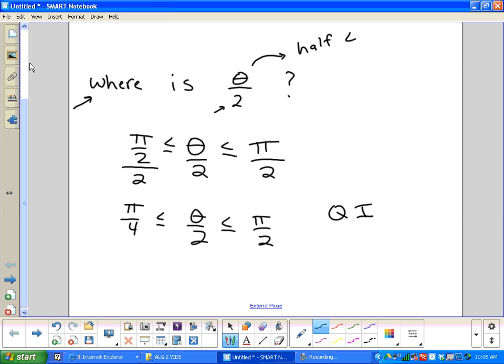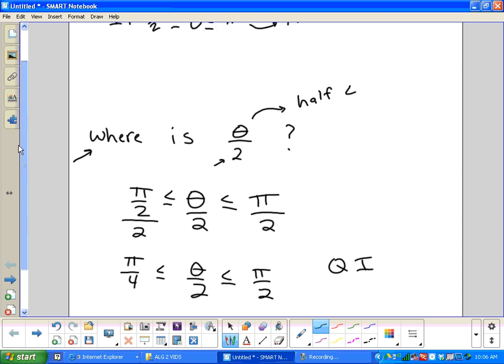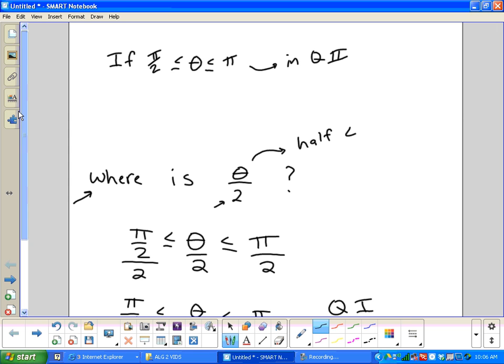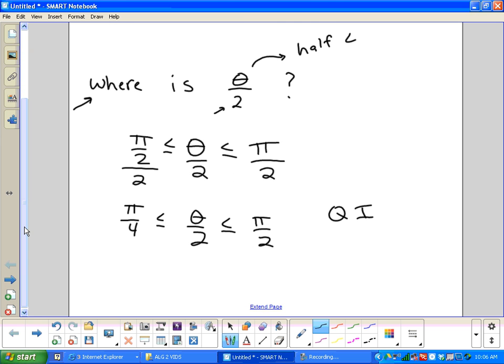Kind of look at the whole question here, and we're going to develop a pattern. If my angle is in quadrant 2, then my half angle will be in quadrant 1. Now, why is it important where the quadrant is? Think about the big picture. The sign.